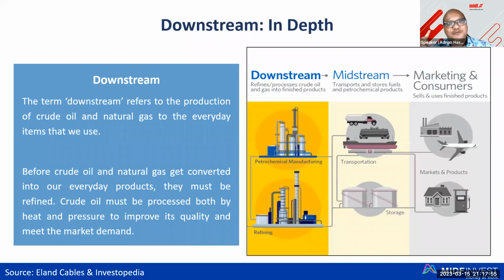Let me repeat this again. This is very, very important. If we want to invest and hedge our portfolio against inflation, and we are taking a bet that crude oil prices will go up, but you buy the downstream guys, it won't match; you will not benefit from this. Why?